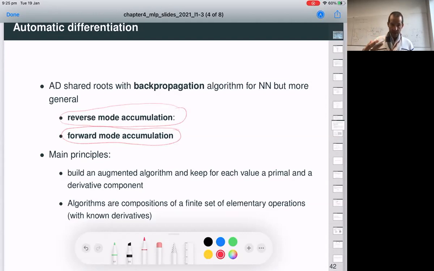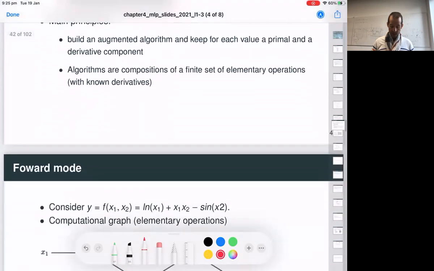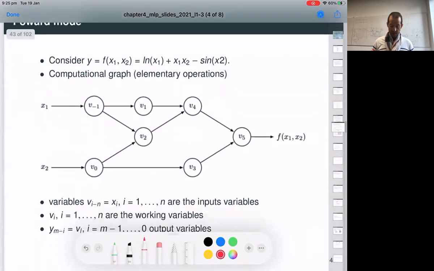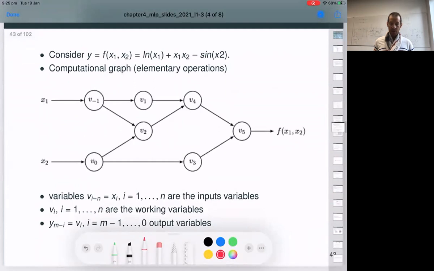So it's based on an algorithm proposing a graph on simple elementary functions. And I think the easy way to think about this is to do an example. So this is our example.